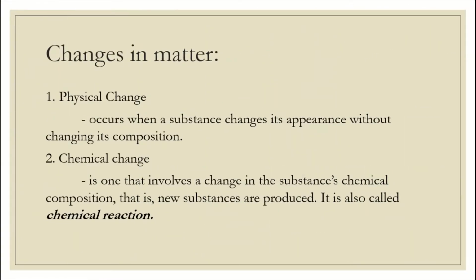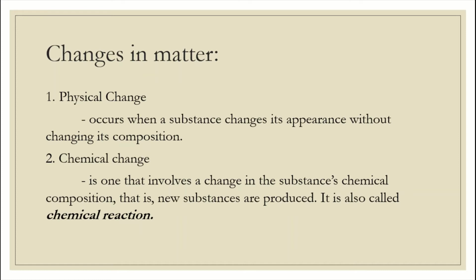Changes in matter. So, matter would undergo changes such as physical change or chemical change. But what's the difference between the two? Physical change occurs when a substance changes its appearance without changing its composition.